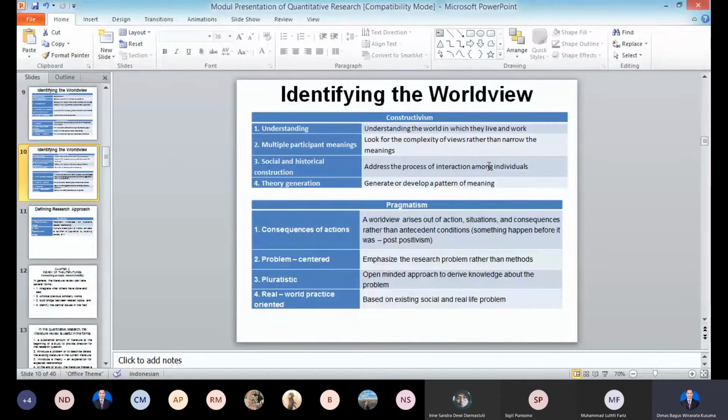And the third one is social and historical construction. So you not only talk to them and ask about the problem, but you also interact with them and share your personal views in order to construct their views. For example, here in a society, there is a poverty called traditional poverty.